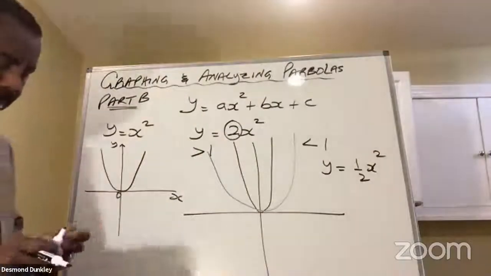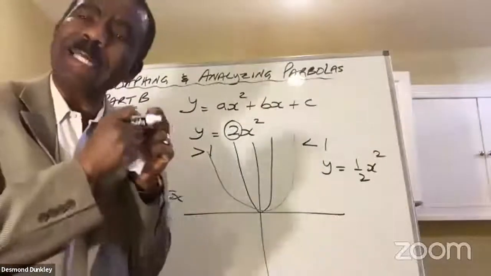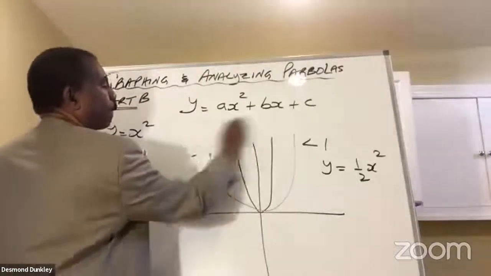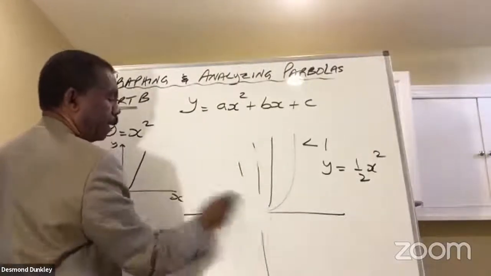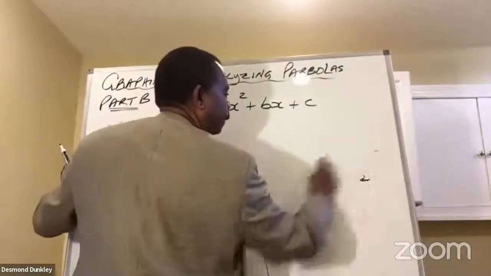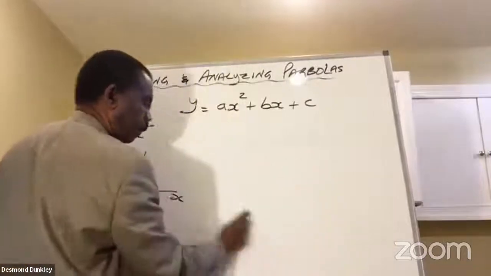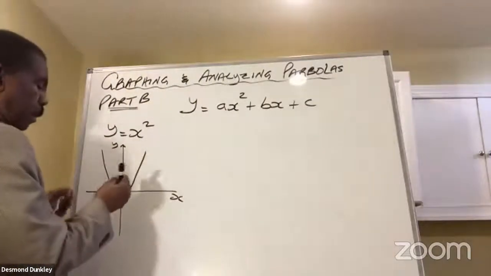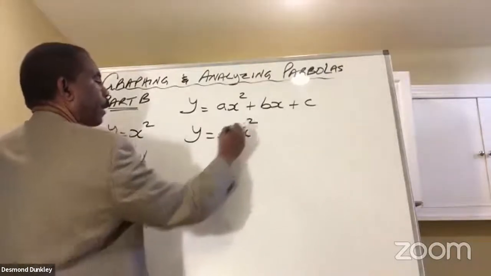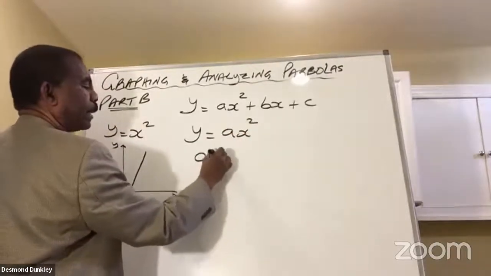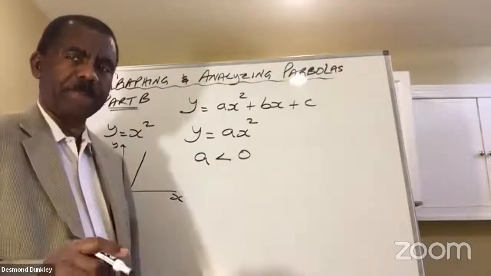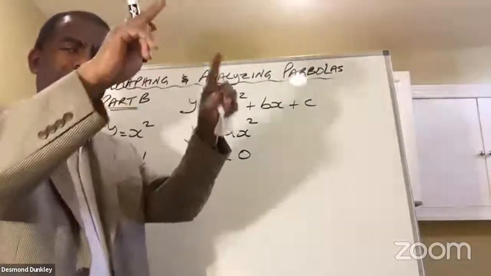Okay? And then the last very important concept I need to cover with you is what happens if your A is negative or if it is positive. If you have y equal to ax squared, if A is negative, that is, it's less than 0, it means that your graph opens downwards.